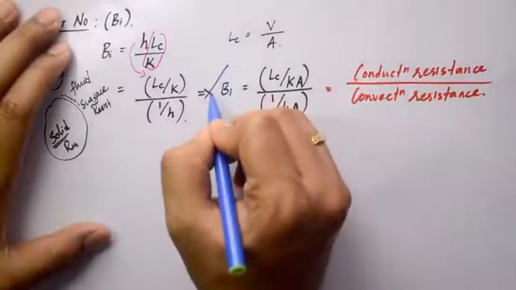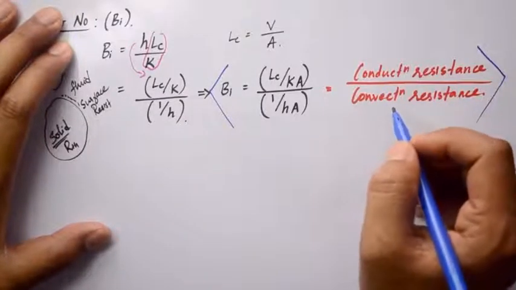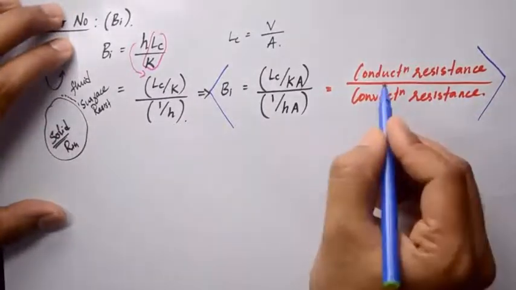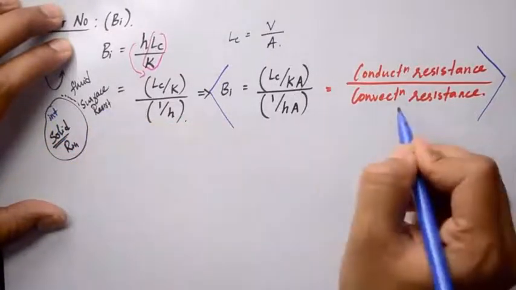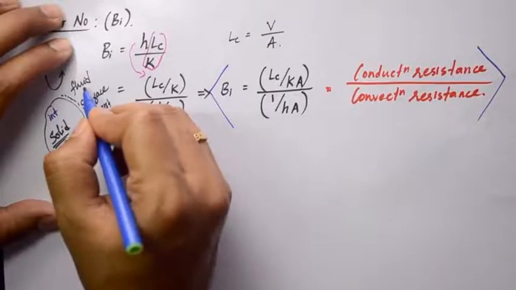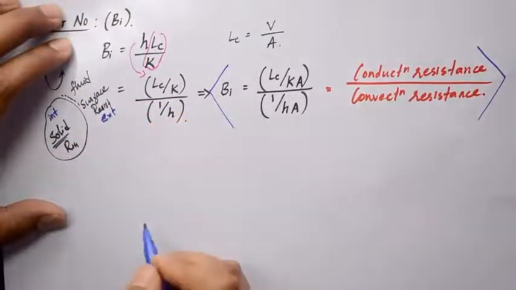So the Biot number simply gives the ratio of conduction resistance over the convection resistance. As we see here, the conduction happens within the solid, so it is internal, and the convection resistance is offered in the fluid, which is outside, so we call it the external resistance.